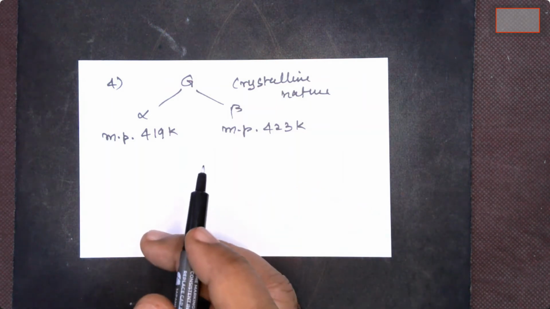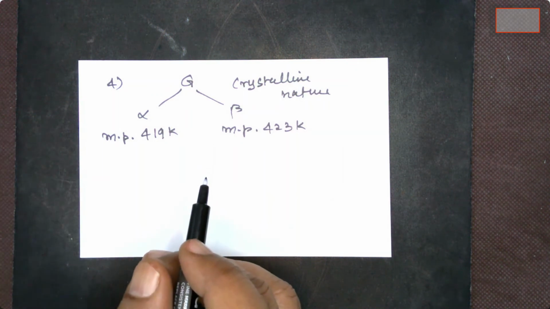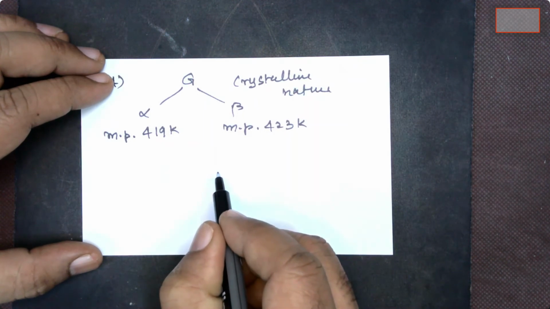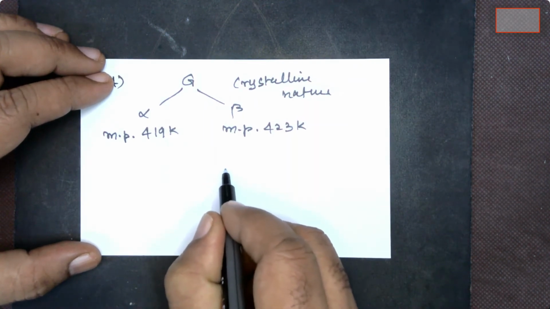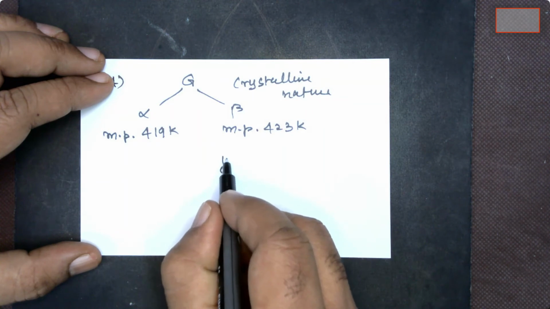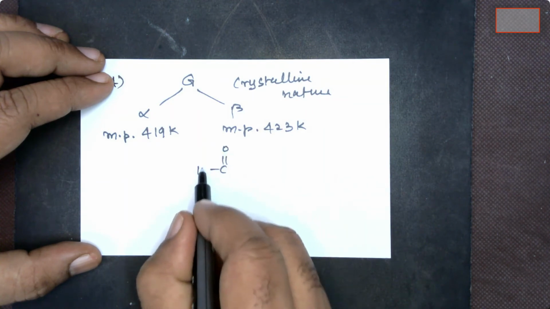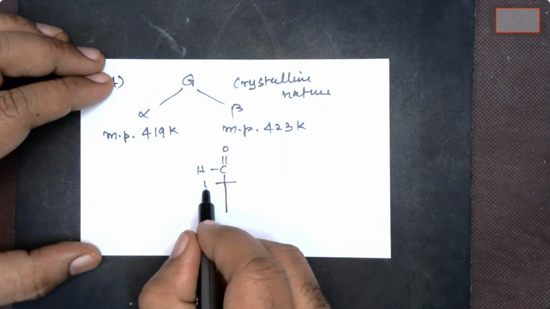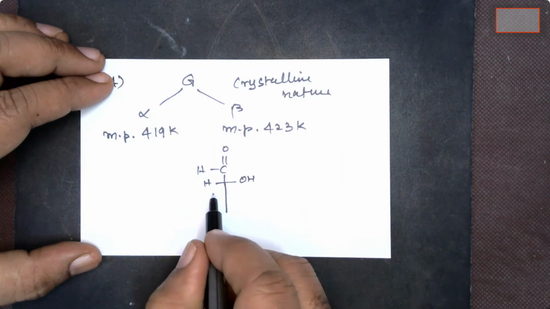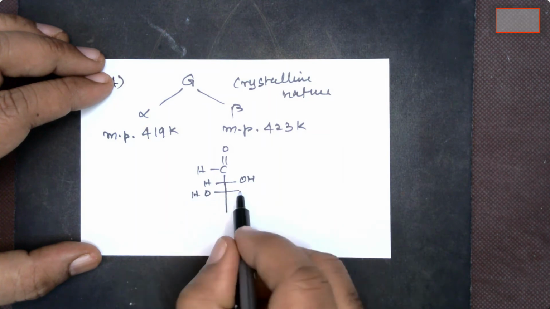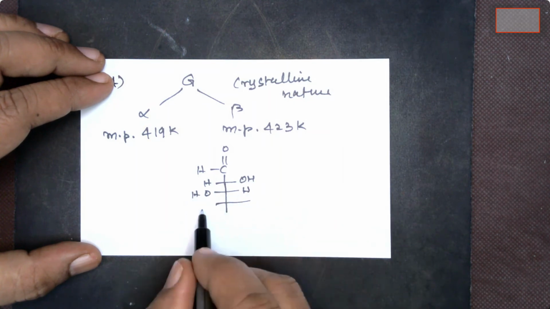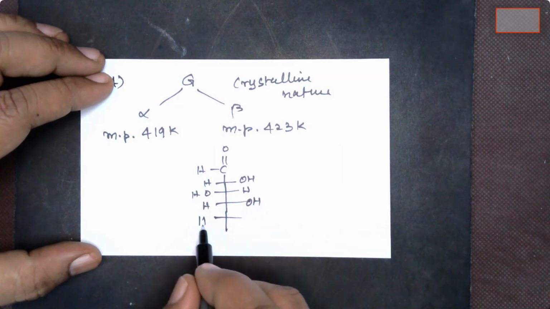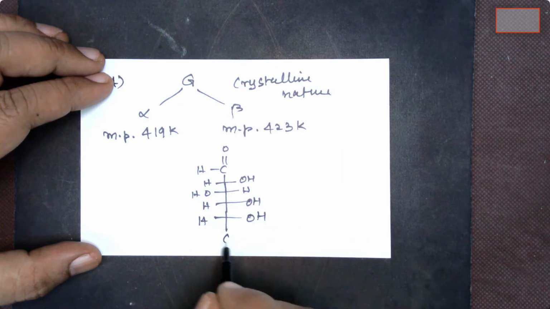For example, let us have the free aldehyde group. Let me write like this: C double bond O, H, and we have H, OH, then OH, H, and then H, OH, and then H, OH, then CH2OH.